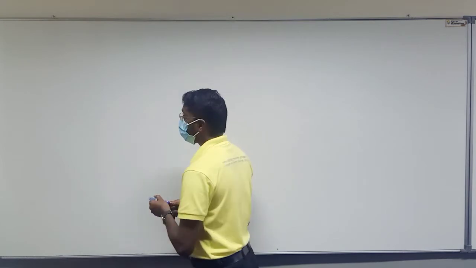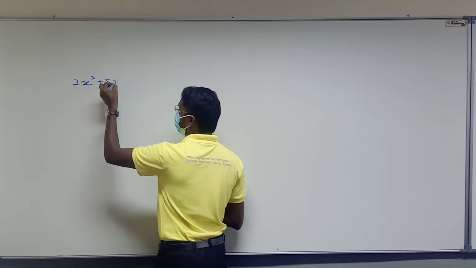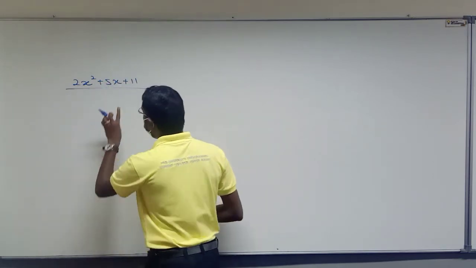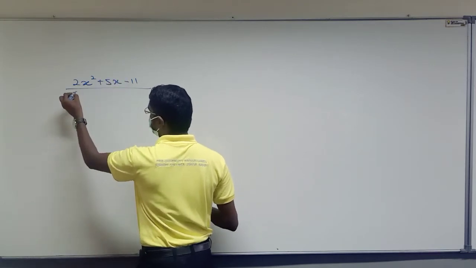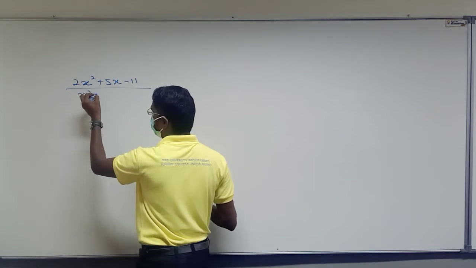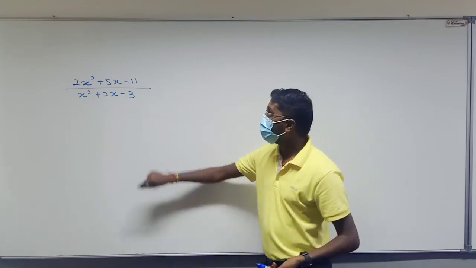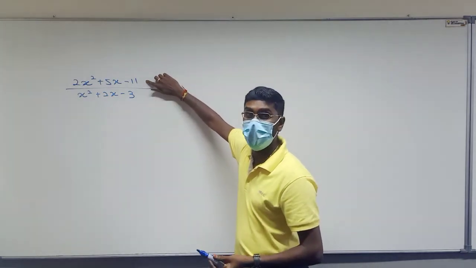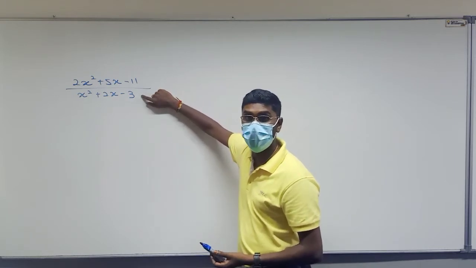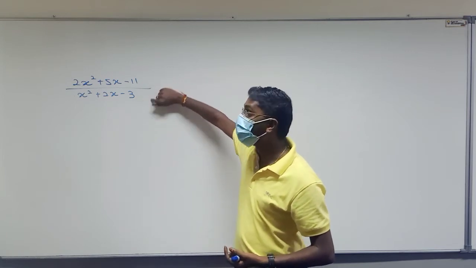For example, here the maximum power of x in the numerator is x squared and the maximum power of x in the denominator is also x squared, or 2. Therefore, the maximum power of both numerator and denominator are the same.